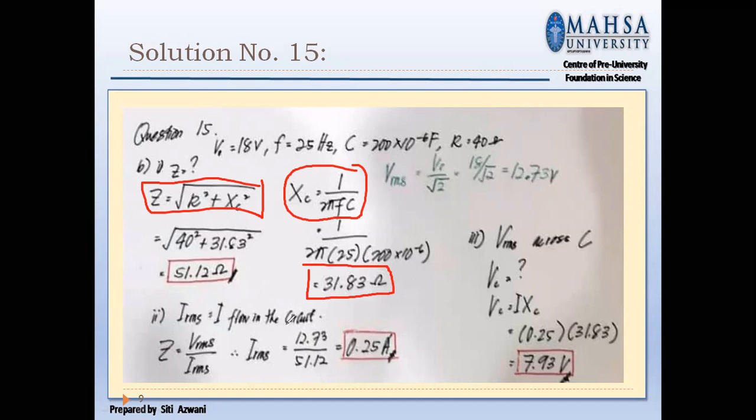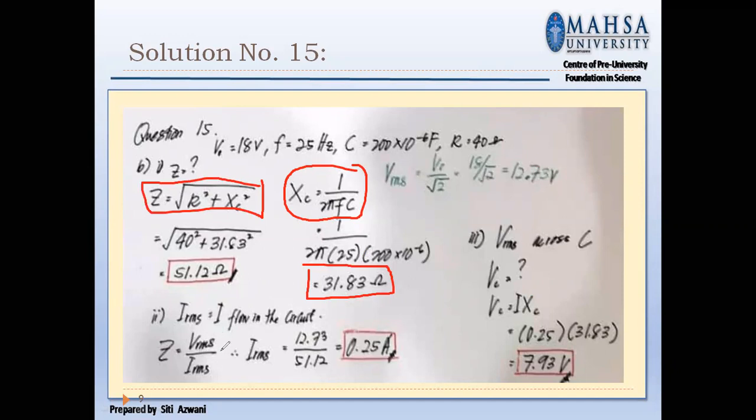Second question, you want to calculate the IRMS, which is equal to the I flowing in the circuit. The value must be the same. The current across the resistor must be the same as the current IRMS across the capacitor. You have only one value of current across your circuit.